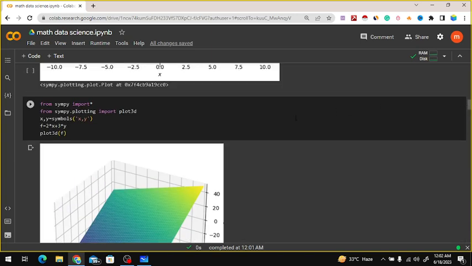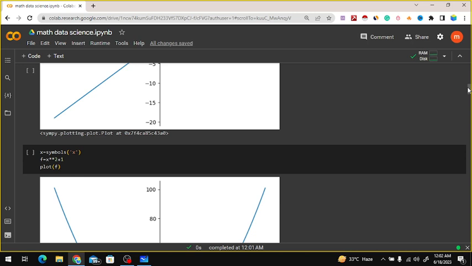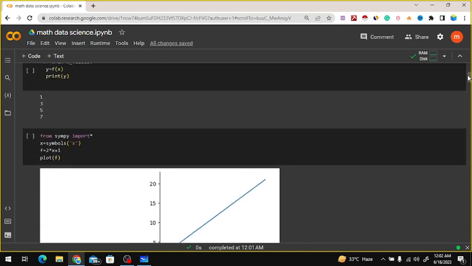We are simply plotting, like 3D or 4D doesn't matter, but we can see here a symbol like x, y, z. So x should be like a symbol, so we can write this.